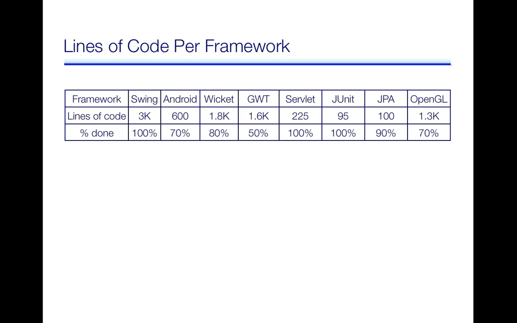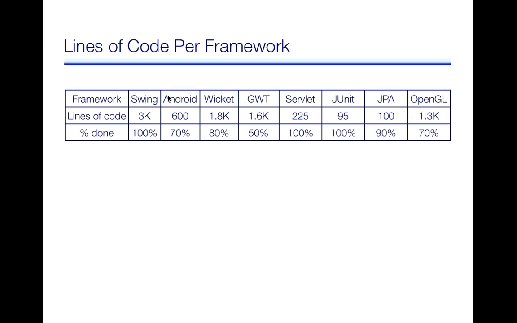Actual framework layers in LayerCake don't take that much code. Here's kind of an overview. Swing is the most complex, the most complete, and it's 3,000 lines of code, largely because there was no easy way to centrally add data binding events, and lots of wrapper classes were needed. Android was the cleanest framework and only took 600 lines of code for exposing most of the Android APIs cleanly in LayerCake.